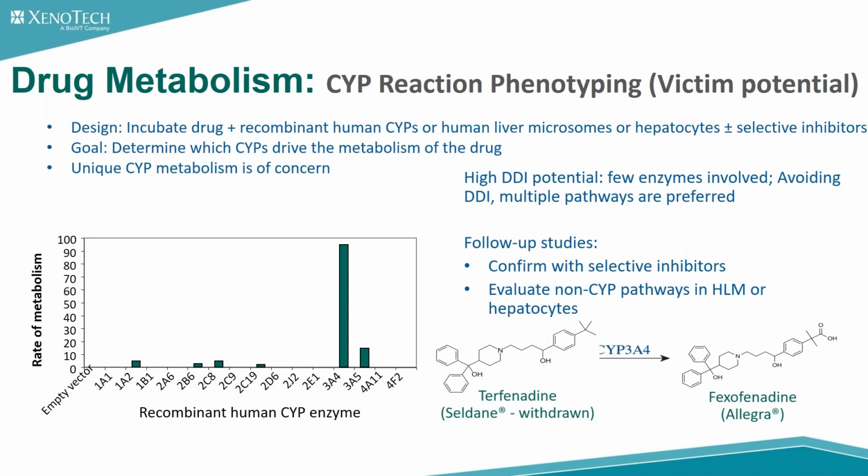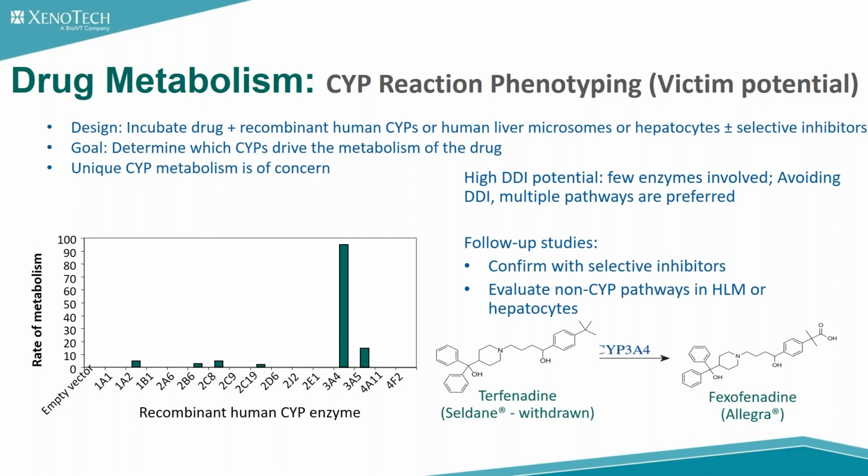Additional studies looking at non-CYP enzymes such as UGTs or carboxylesterases can also be performed in human liver microsomes or evaluated in hepatocytes or various other test systems, depending on the enzyme that's being investigated at the time.